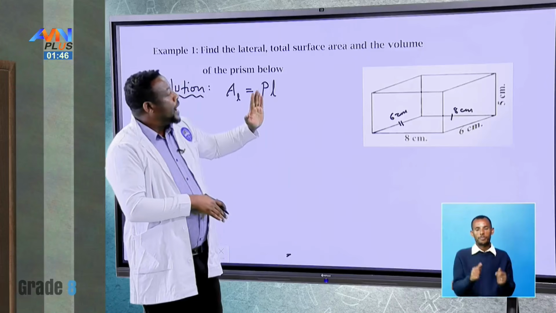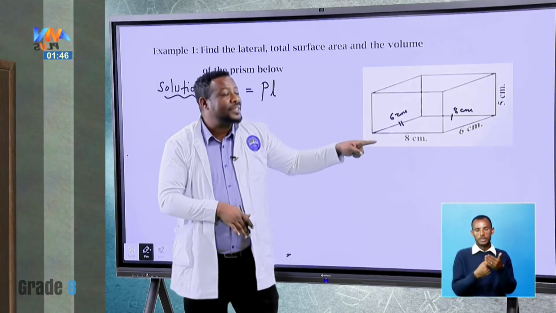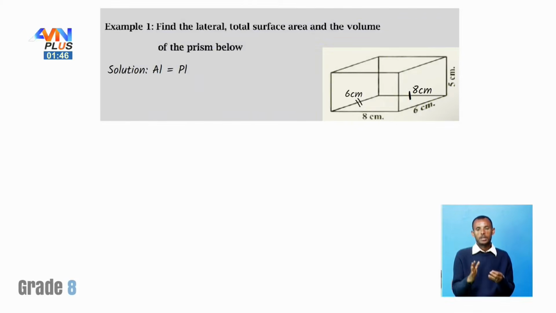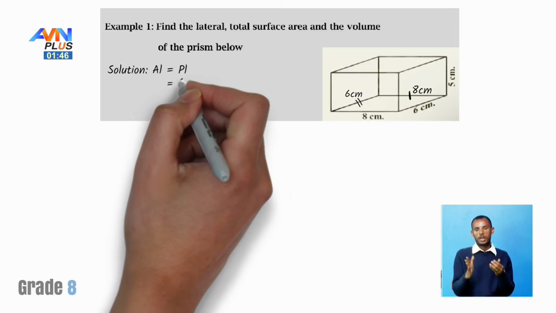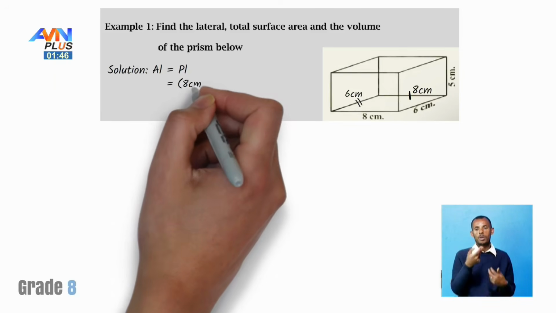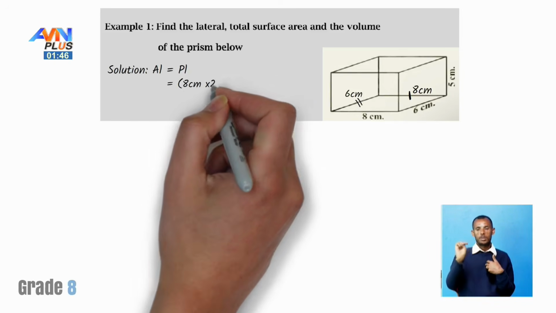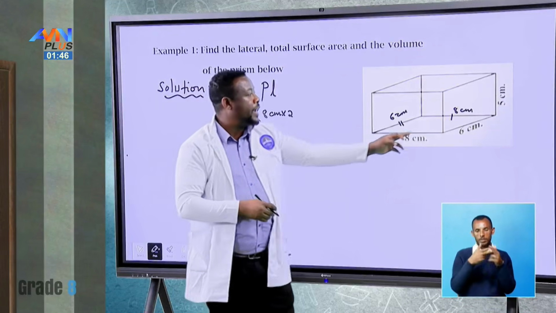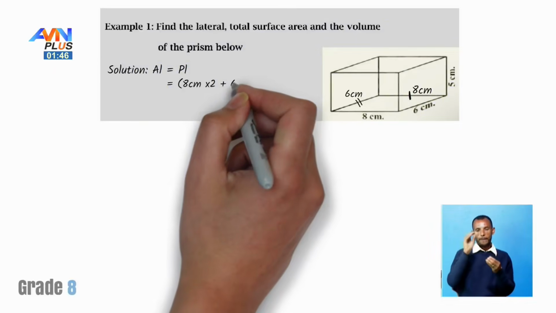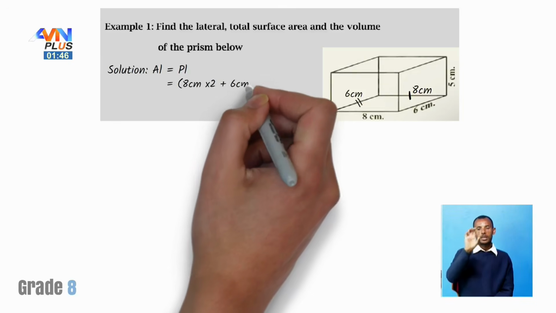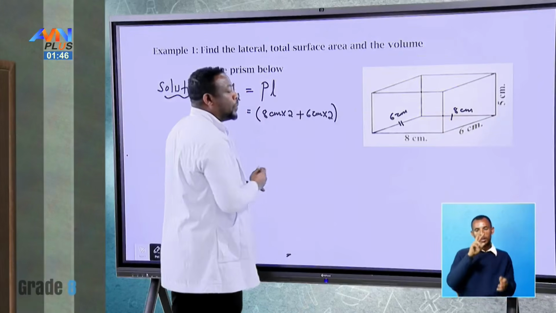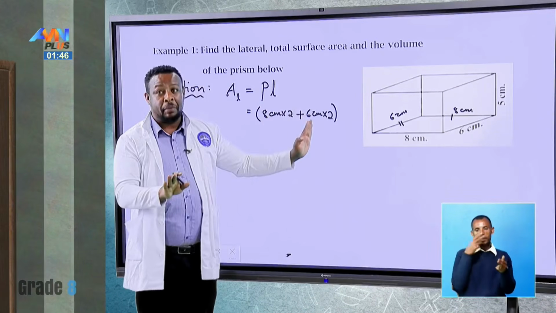Now, the perimeter of this prism is the sum of each side. So we have 8 centimeters by 2, because we have 8 twice, plus 6 centimeters by 2. This is the perimeter of the base.